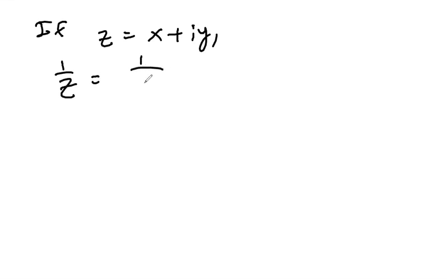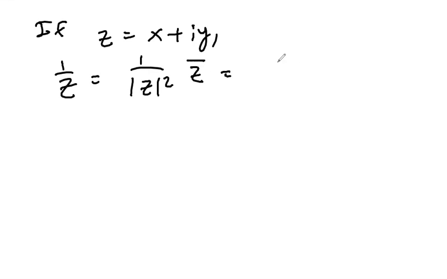So formally, what we have is if z is equal to x plus iy, 1 over z is equal to 1 over the modulus of z squared times x minus iy. Let me write that as the conjugate of z.